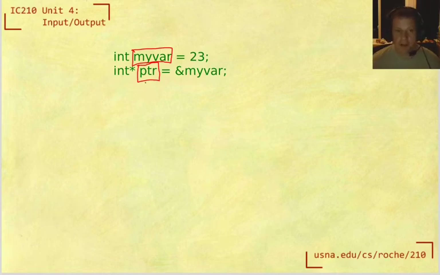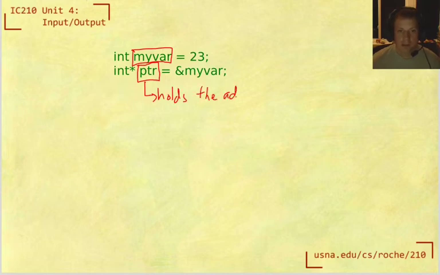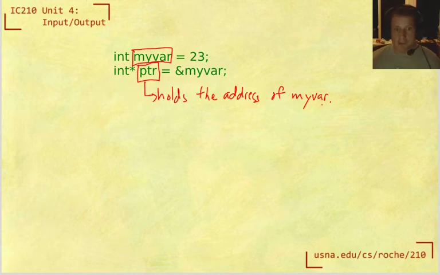We could call it anything. This holds the address of the myvar variable. So wherever that myvar variable is stored in memory, this pointer is going to hold the address of that. And we can then do things with it, which we'll see in a moment.